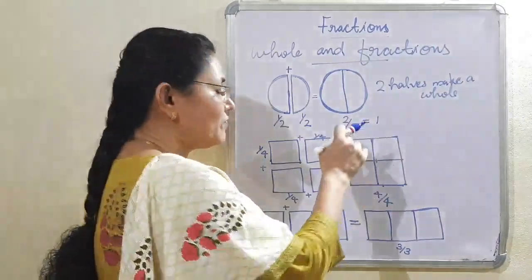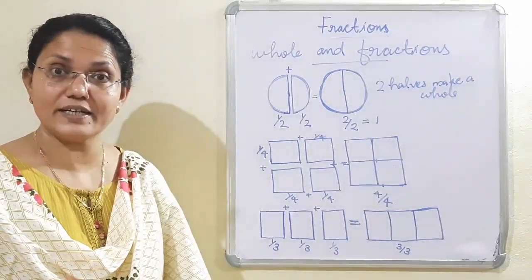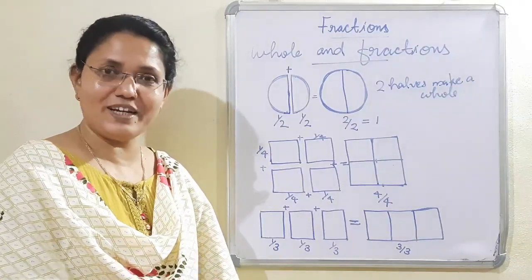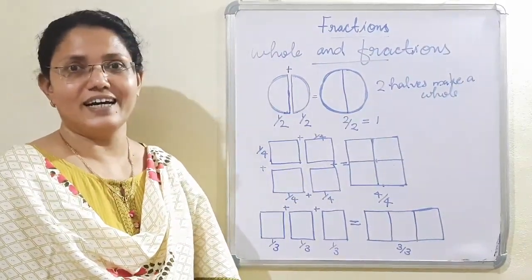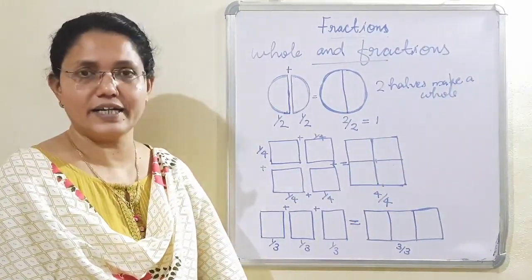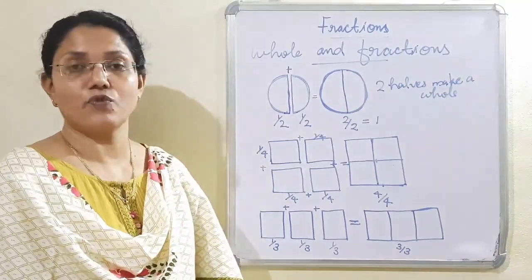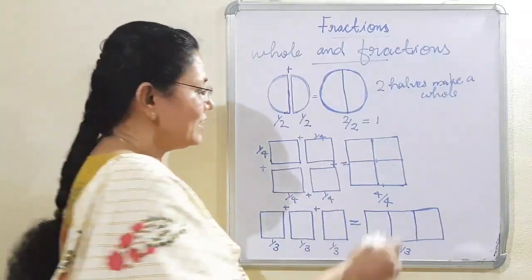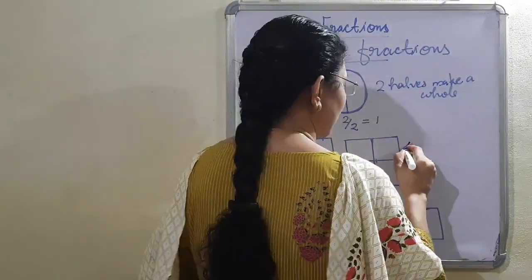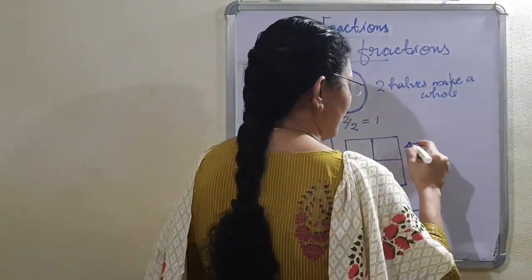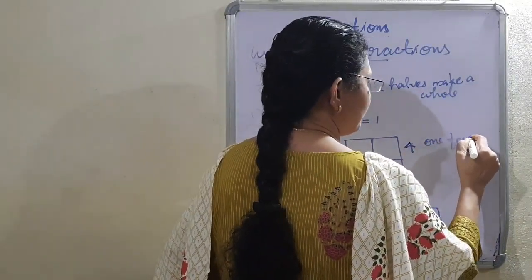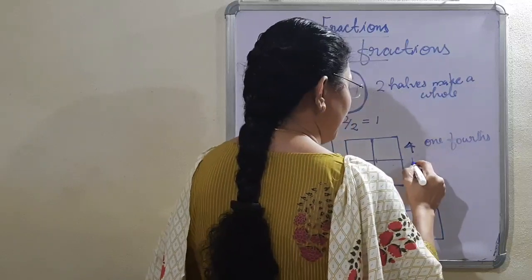To get the complete figure, how many 1 by 4 are needed? 4. According to the denominator, you can find it. When the denominator is 2, this many halves are needed. When the denominator is 4, how many 1 by 4 are needed? 4. So we can write here, 4 1 by 4 make a whole.